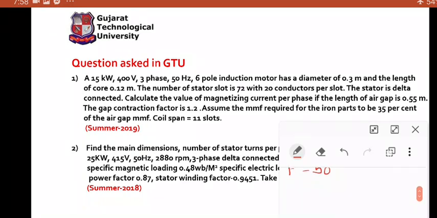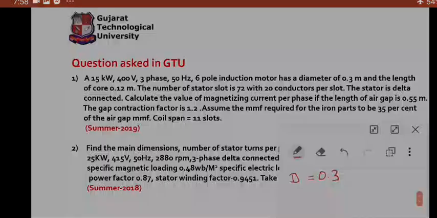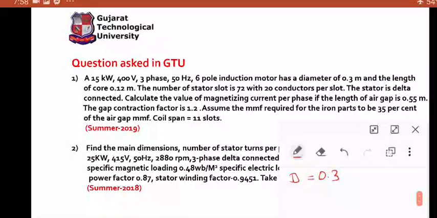Then it is a 6 pole motor, that is P is equal to 6. Diameter D is given as 0.3 meter, and the length of the core is given as 0.12 meter.